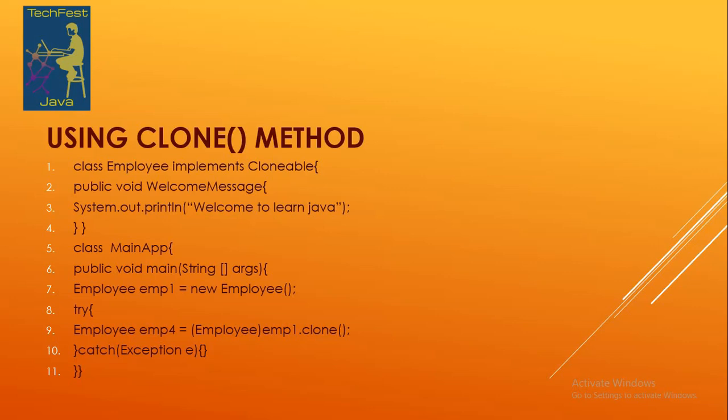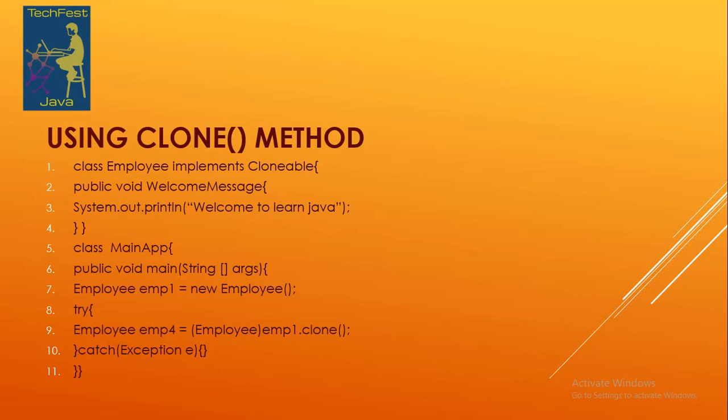But the clone method can be called only when there is another object that already exists. On line number 7 we have created a new object of the employee class by using the new operator, and then by using that object we have created a clone, which basically returns a new object of a similar type with the same properties.